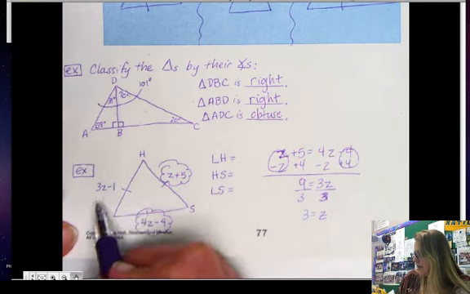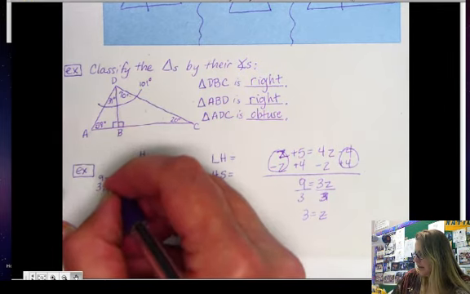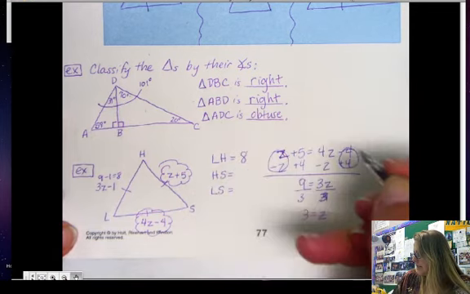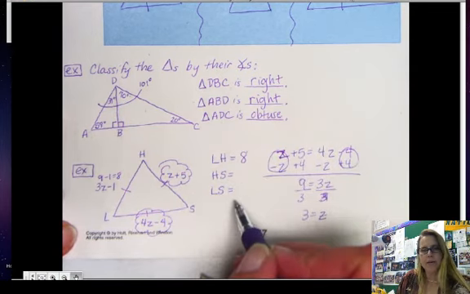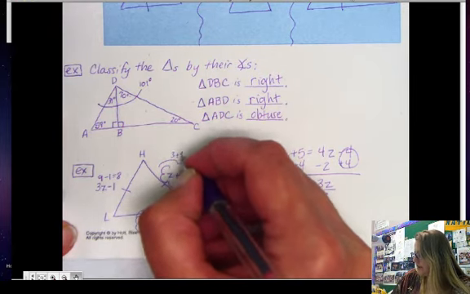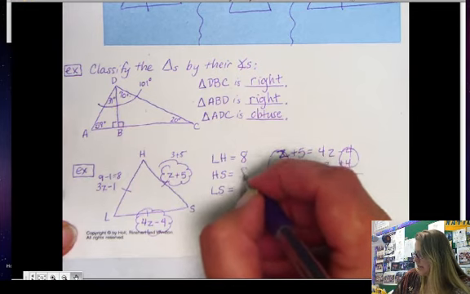So 3 times z is 9. 9 minus 1 is 8. So LH is going to be 8. I should get 8 for all the rest of them. Let's just double check and make sure we did it right. z plus 5 is 3 plus 5, which sure enough gives us 8.